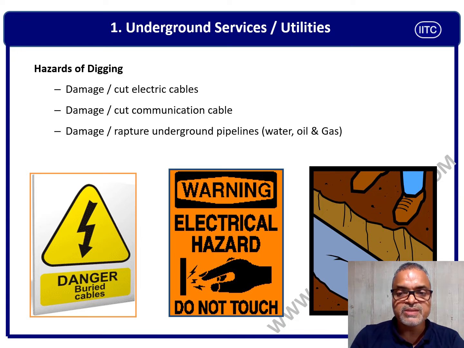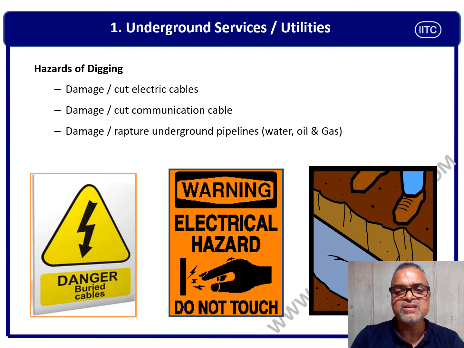And second, there is a possibility of cutting a communication cable. Many times I have seen that there is no internet, there is no electricity, because the internet cable has been damaged during excavation. So this is a very important point. We must identify these before excavation starts, through the permit.